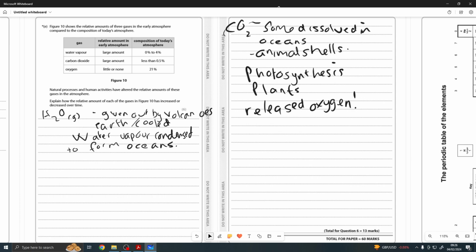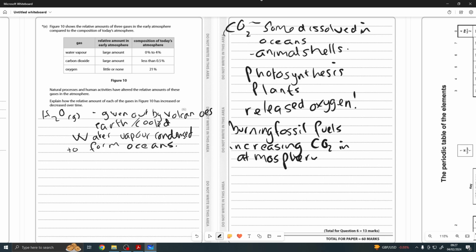Okay, so the plants released oxygen. Now, what we've then got to say, we've just got to talk a little bit about human effects. So by burning fossil fuels, we are increasing CO2 in the atmosphere.